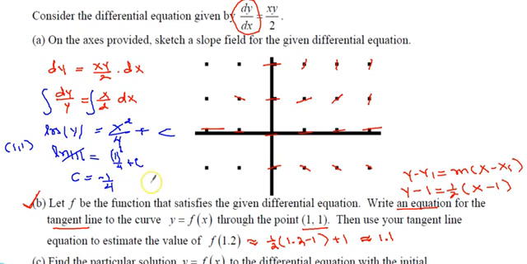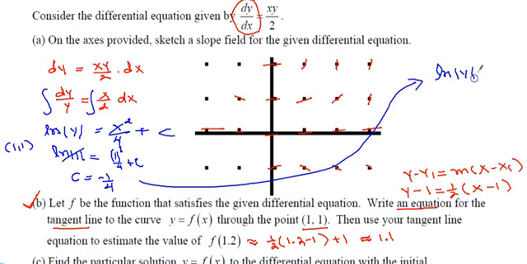I'm sorry, I'm not using the right thing, but I'm going to move it here. ln y is equal to x square over 4 minus 1/4. You cannot stop here. You still have to solve for y.